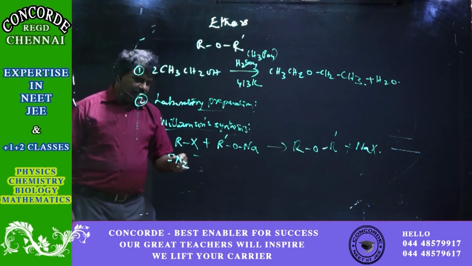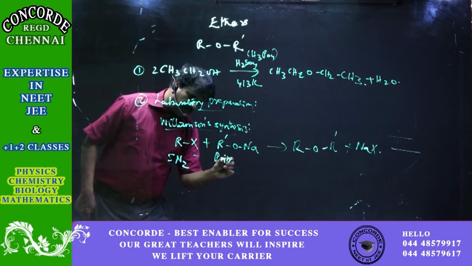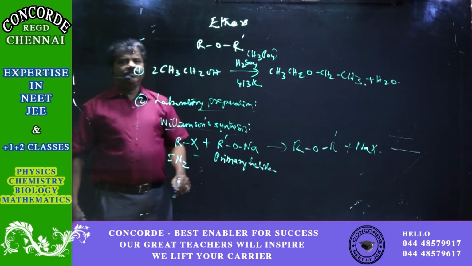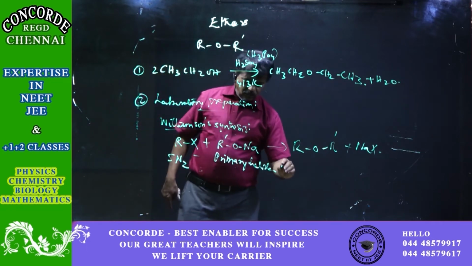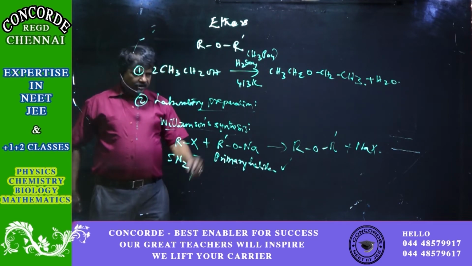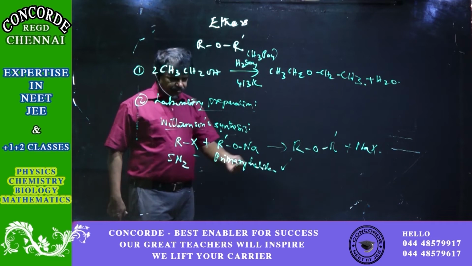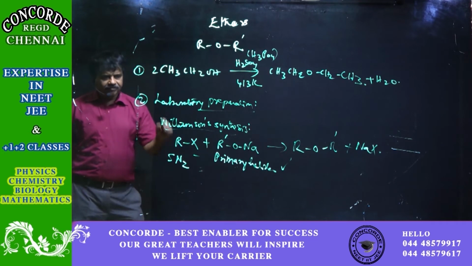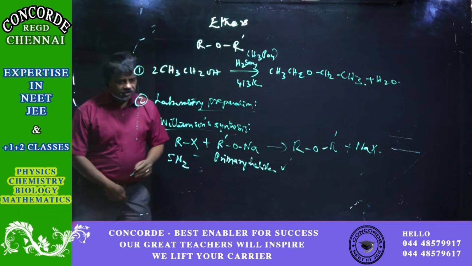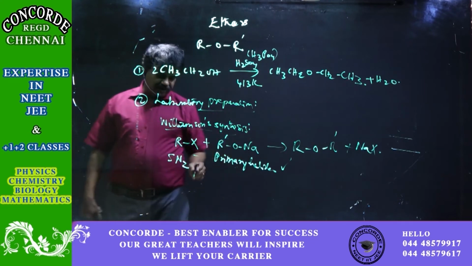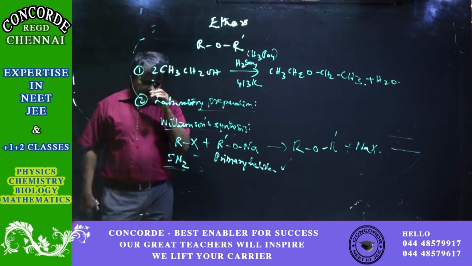The main aspect of this reaction is that with primary halides, the ether synthesis is good. Whereas with secondary as well as tertiary halides, only alkenes, that is, double bonded compounds, are formed and not ethers. So in Williamson synthesis, you have to use only primary halides and not secondary or tertiary halides. That is one of the things, and it is an SN2 reaction. That is another important point to note.